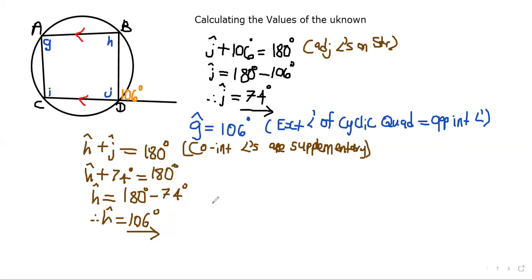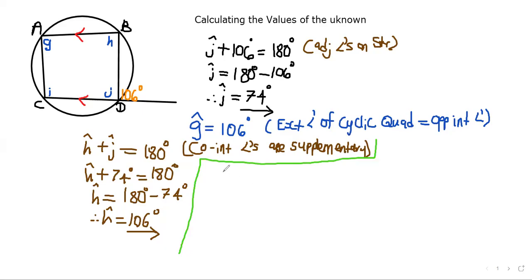Now we are left with determining angle I. I'm just going to utilize this space right here to solve the last angle, which is angle I. If you want, you can also start writing it like this, and you're still going to be correct at the end of the day.